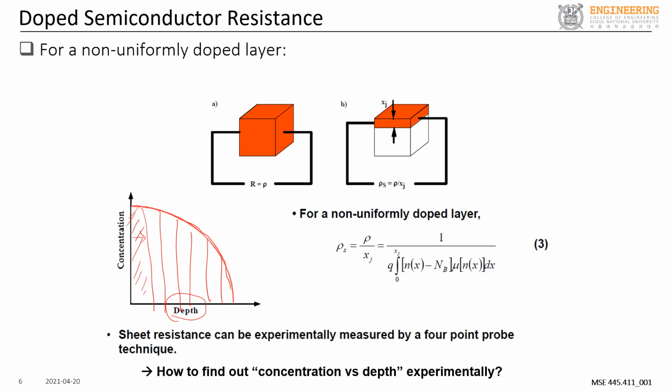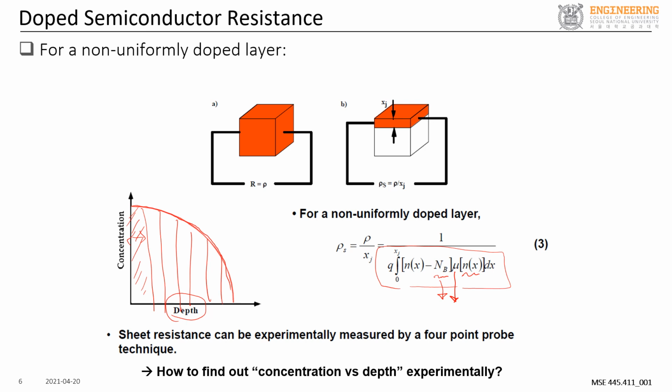So you can just integrate the doping concentration. In general, the mobility itself might change with the doping concentration as well. So this is an equation you can use to integrate the resistivity of the entire structure. This is the background doping concentration, if you have background dopants.